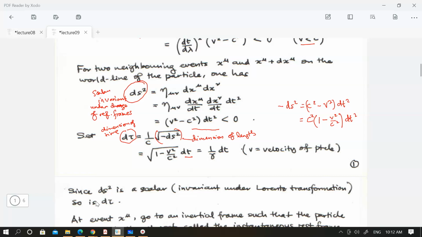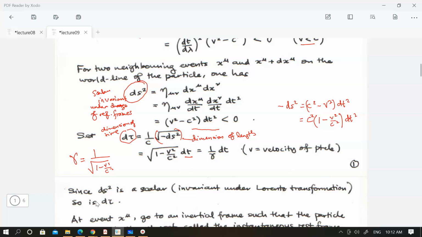So this is essentially a factor that you have seen before, where gamma equals 1 on the square root of 1 minus v squared on c squared. So in other words, this is 1 over gamma times dt.